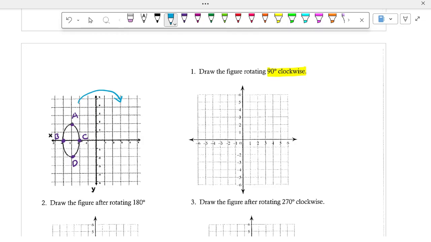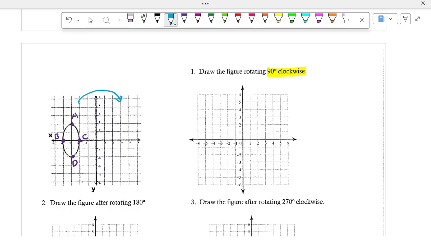If I go 90 degrees, look at which quadrant it is, and we know it's going to go at least one quadrant over because it's 90 degrees. What quadrant is it going to end up in? Quadrant 1. So A will end up in quadrant 1.